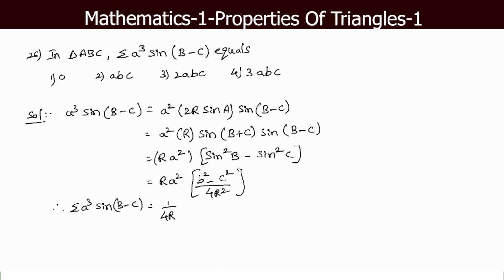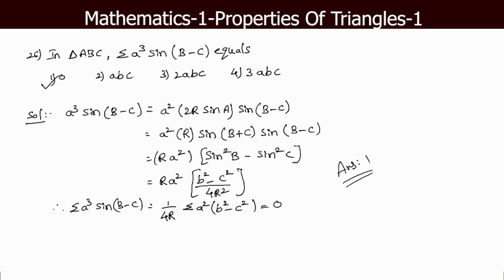That R will cancel, 1 by 4R you will get common. So the sigma a cubed sin(B minus C) is 1 by 4R into sigma a squared into (b squared minus c squared), but that is 0, because sigma a squared into (b squared minus c squared) is 0. So in triangle ABC, sigma a cubed into sin(B minus C) is always equal to 0.